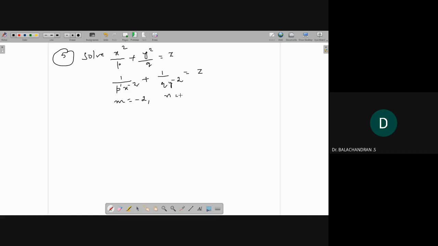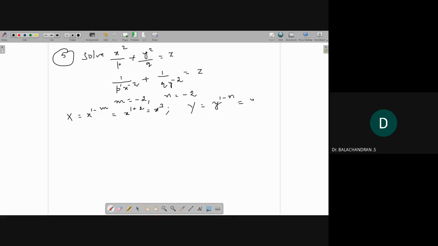N is minus 2. And hence capital X is equal to x power 1 minus m. This is equal to x power 1 minus of minus 2. So 1 plus 2, that is equal to x power 3. Similarly, capital Y equal to small y power 1 minus n.